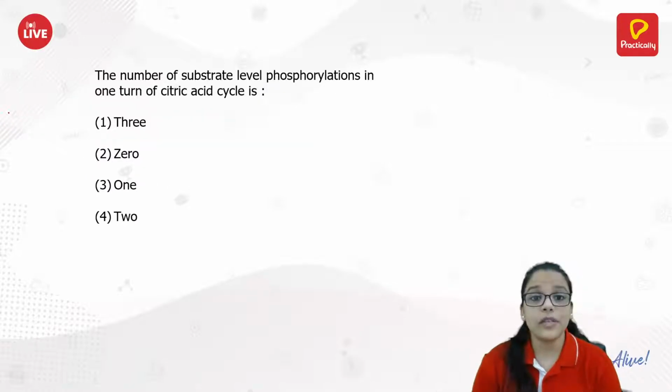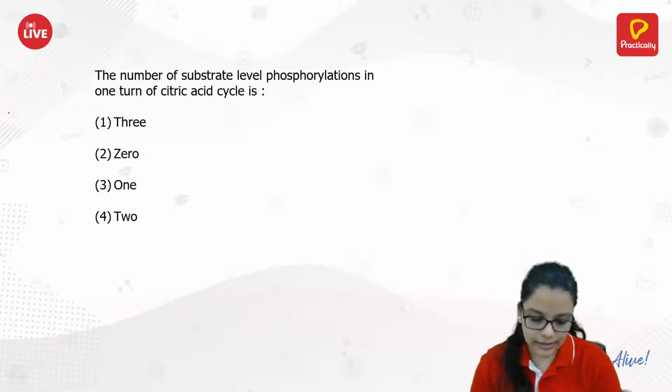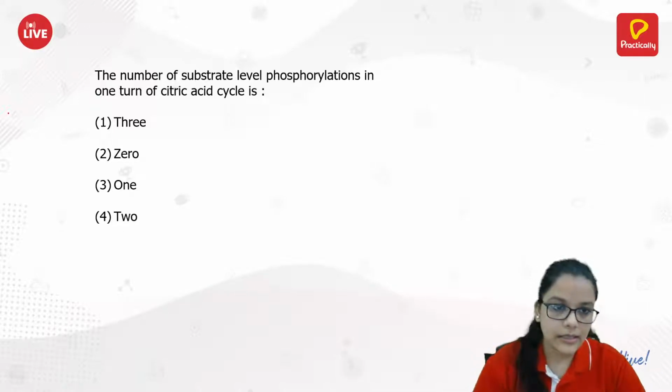Next, the number of substrate level phosphorylations in one turn of the citric acid cycle is definitely 1. Why?